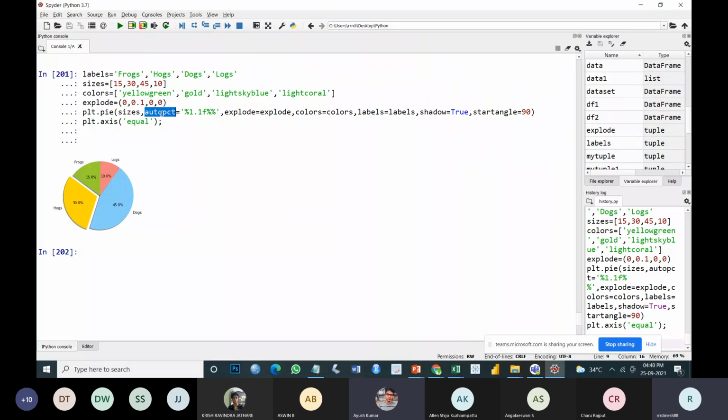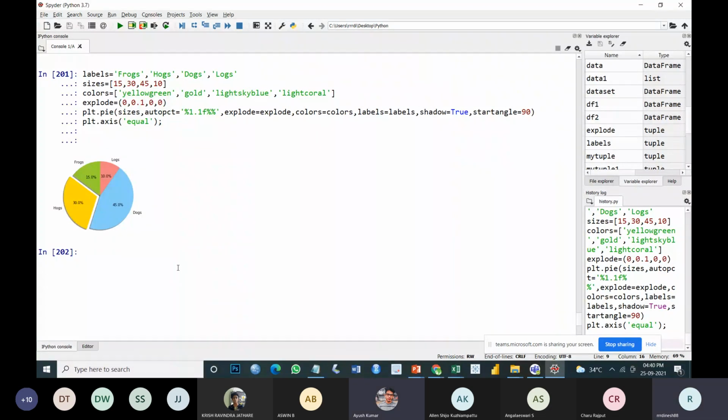That is autopct, auto percentage calculation. So 45 gets the maximum. Then 10 means again the size decreases. There are four categories, and each category is allocated a size. The distribution of size is done with the help of the autopct function.